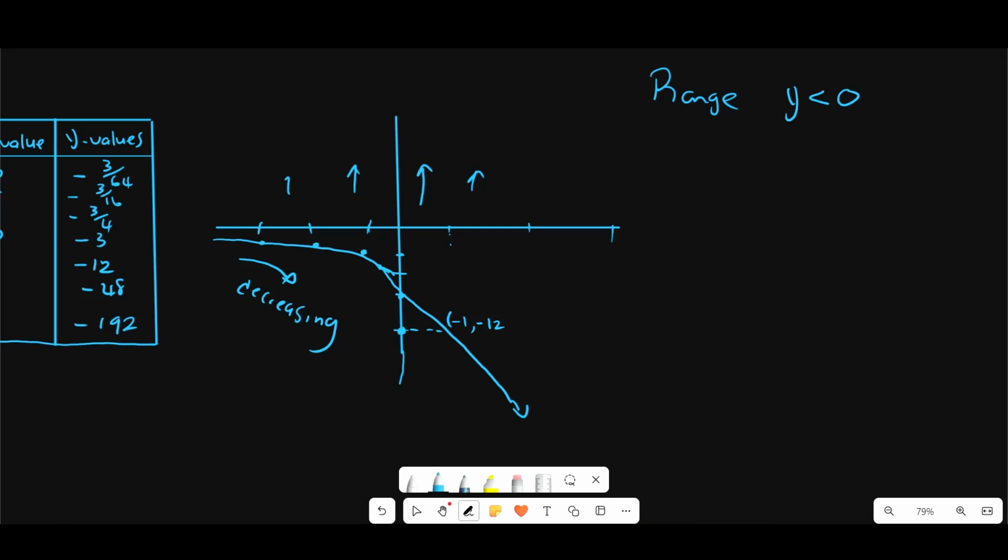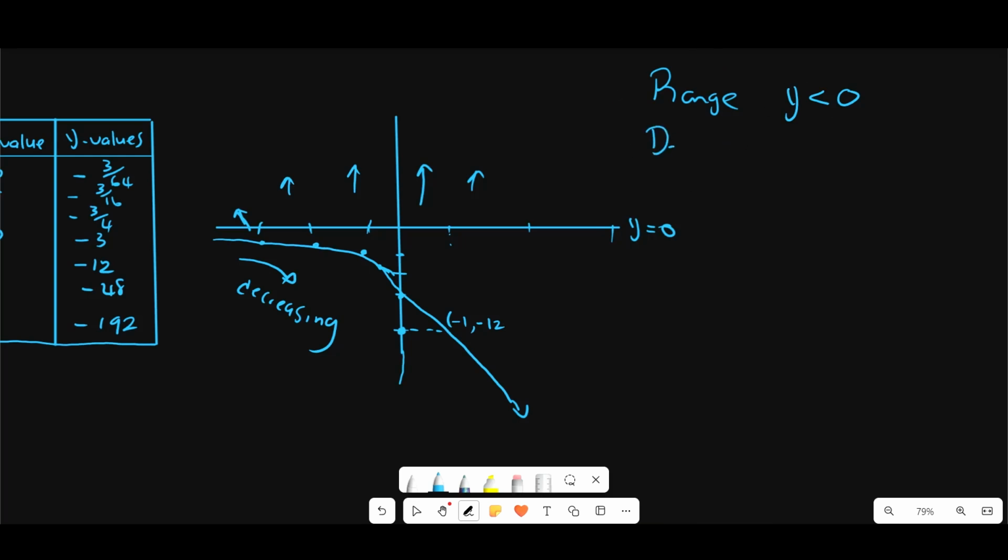You can see from the sketch that we do not have a function above the x-axis. My function lies below the x-axis. It does not cross nor touch y equal to 0, so we cannot include the 0, and hence that's my range.